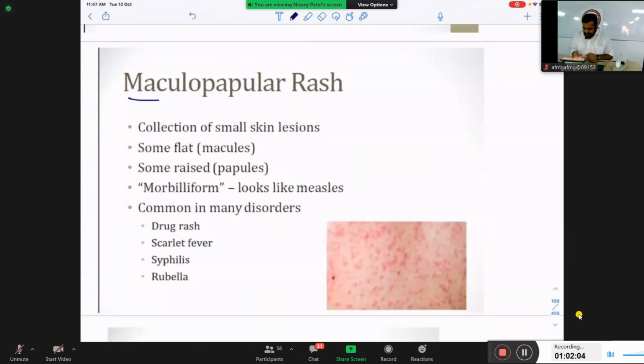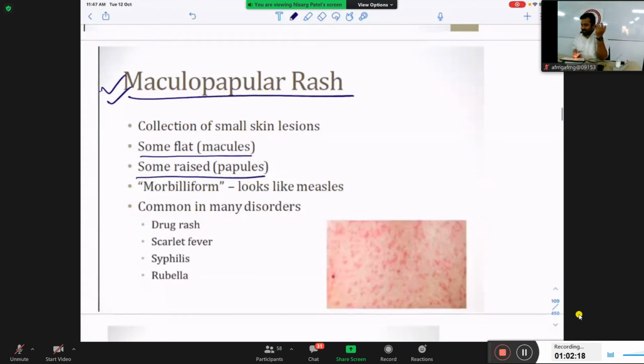Now, in most diseases of exanthem, what do we write? We write maculopapular rash. Maculopapular means some lesions are flat, some are raised. This rash is sometimes termed a morbilliform rash also.